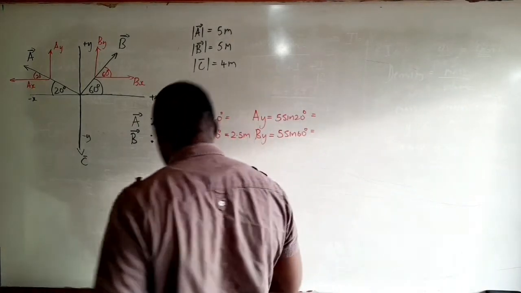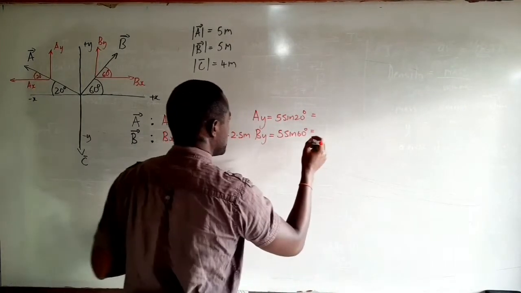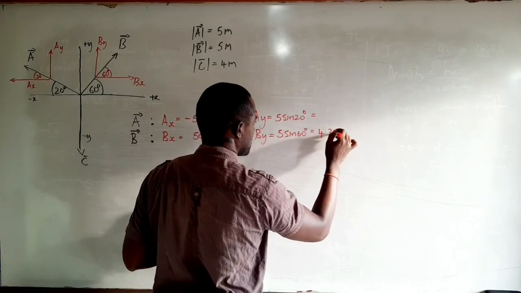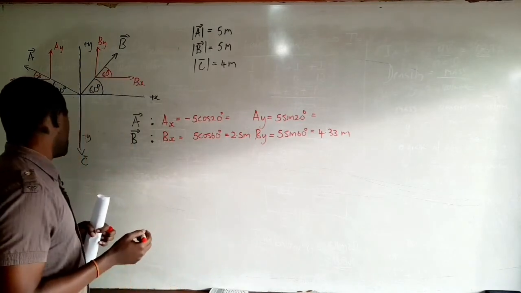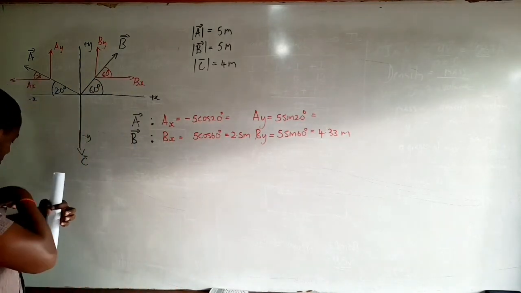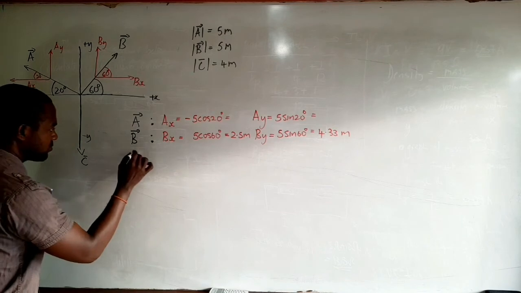So that gives us 4.33 meters. And now C, vector C.